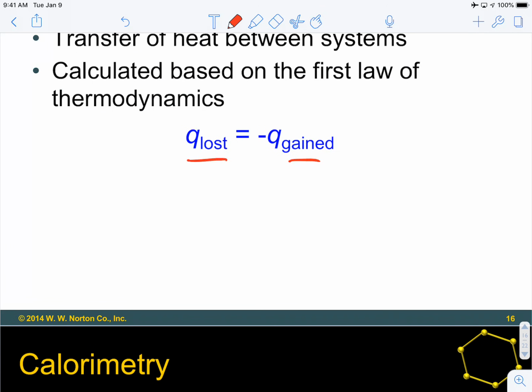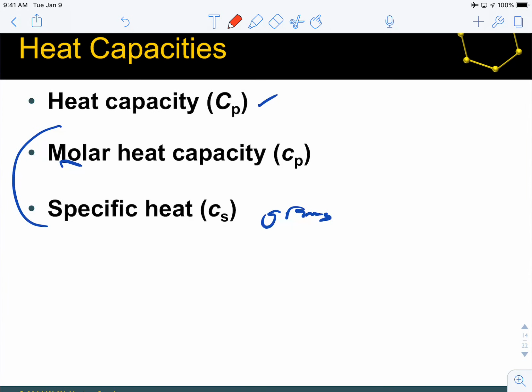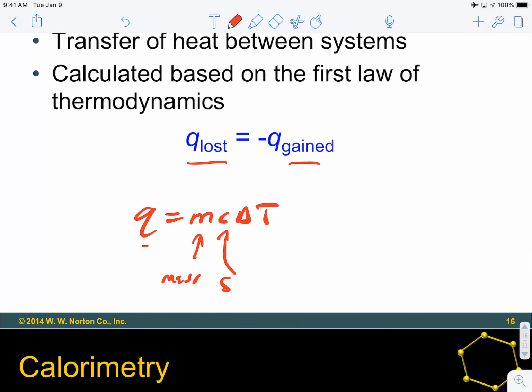So one equation we'll use is Q equals mc delta T. This is the heat of a substance, can be calculated by knowing its mass, its specific heat capacity, so that will be this term right here, specific heat, I'll just say SH, and your change in temperature.